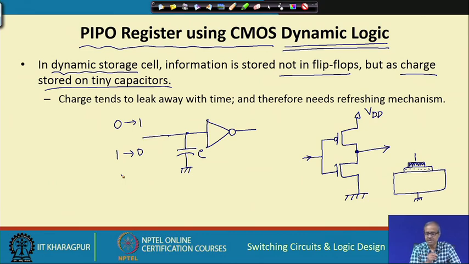Now, the idea behind CMOS dynamic logic is that by either charging or discharging a capacitance I can store 0 or 1 there, and a capacitor has the capacity to store some charge for a certain point in time. So, once I charge a capacitor to some required voltage, either high or ground representing 1 and 0, then it will retain that charge for a certain amount of time.